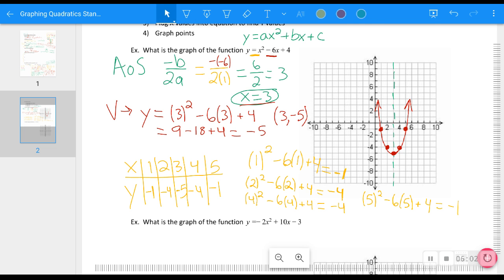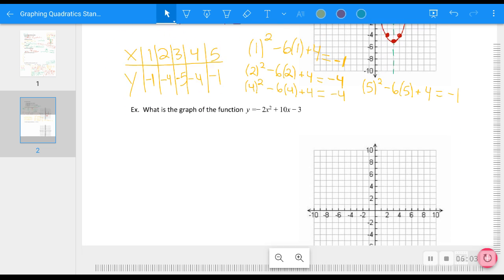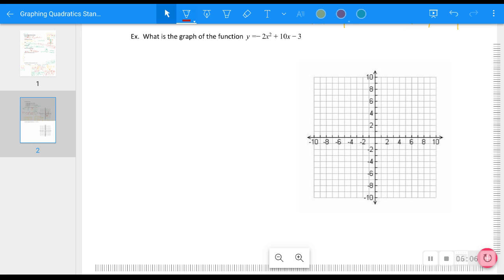So if we move on to the next example, we're going to start the exact same way. So we'll start by finding the axis of symmetry, which is x equals negative b over 2a. So here our a value is negative 2, and our b value is positive 10.